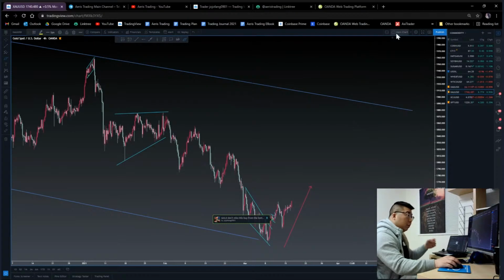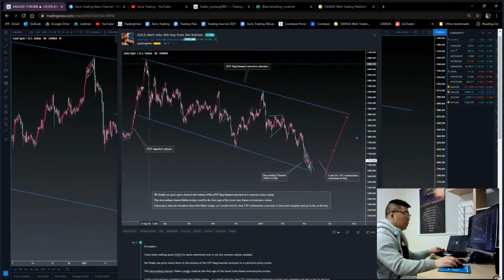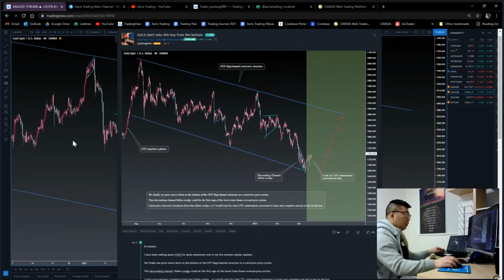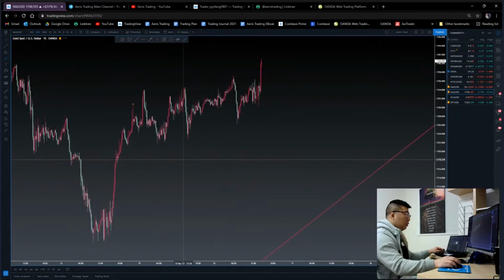So let's talk about gold. A lot of us are looking at gold. We've been talking about gold for pretty much months now, right? I talked about this flag channel structure, and price is right at it now. We could be completing this higher time frame structure, and that's something I still keep an eye on. I originally got into one of these gold positions, if you guys recall.